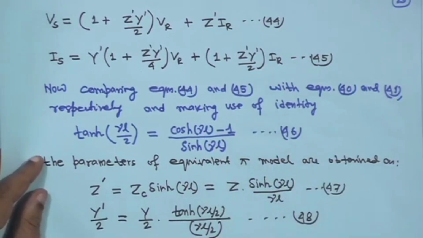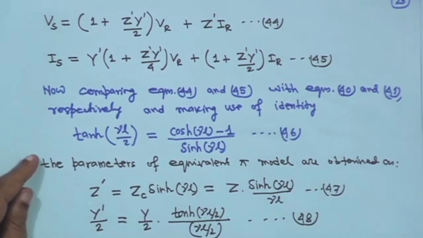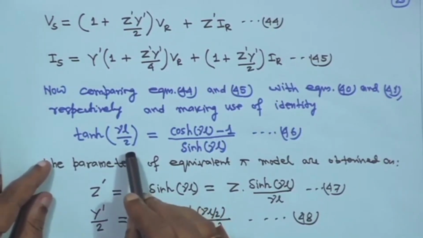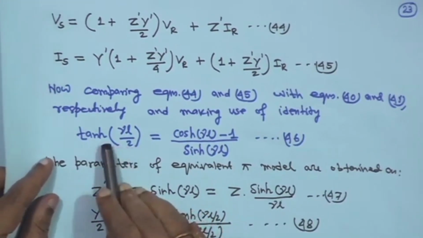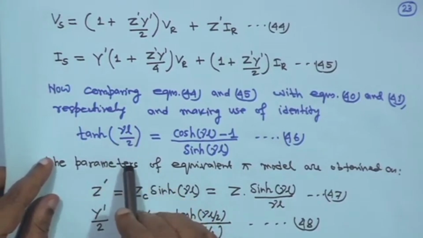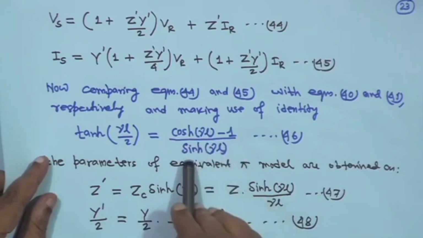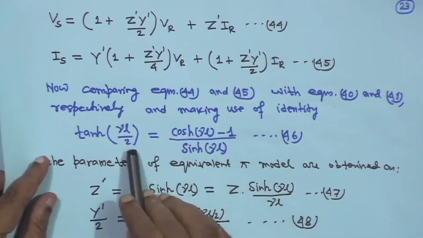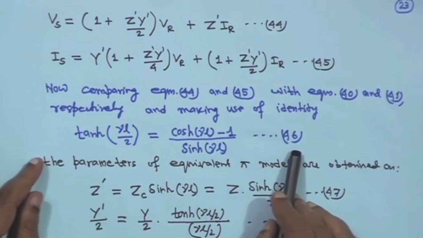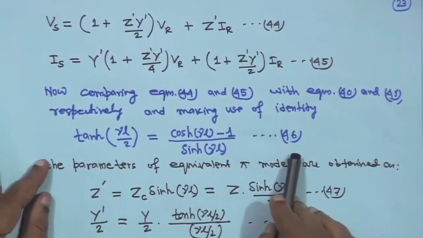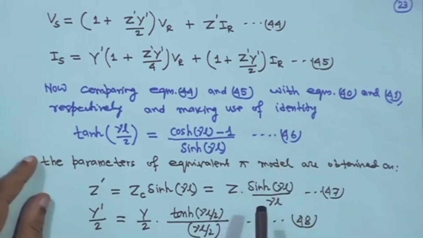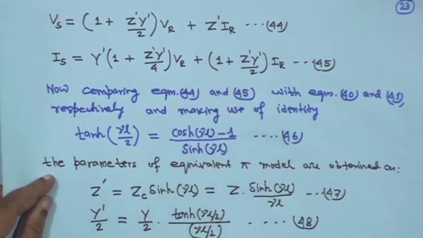First you use this mathematical identity, that tanh(γL/2) is equal to (cosh(γL) - 1) divided by sinh(γL). This equation number I have made 46, but this relationship we will use. Now, what we will do is that this is z'Ir, right.